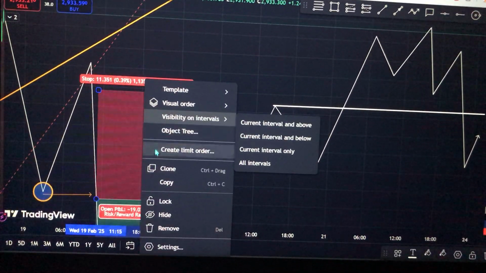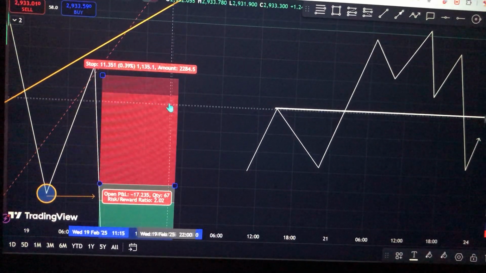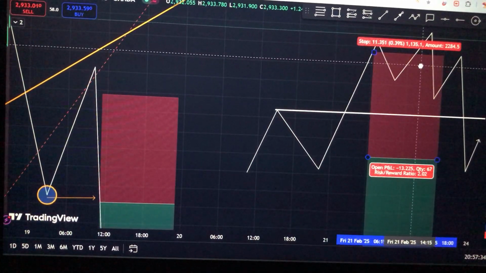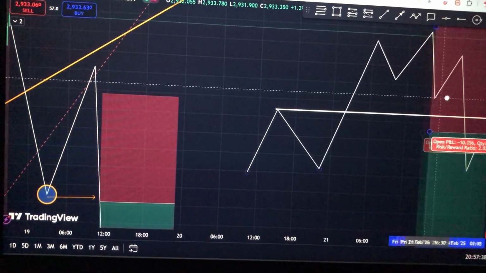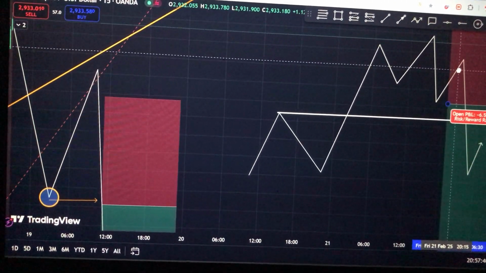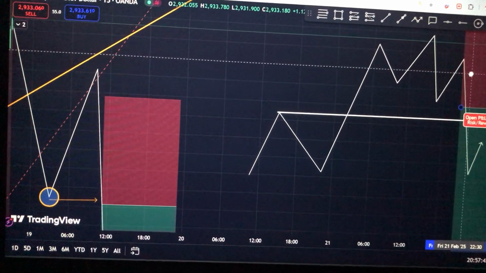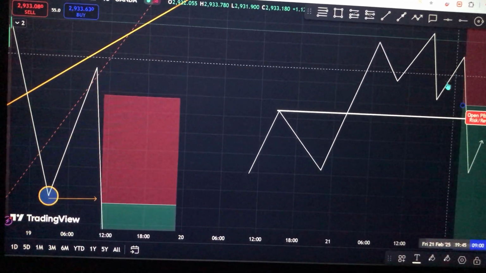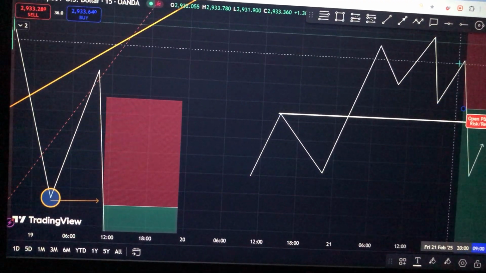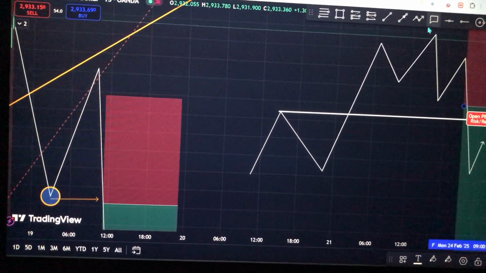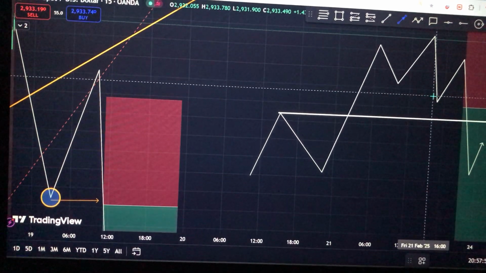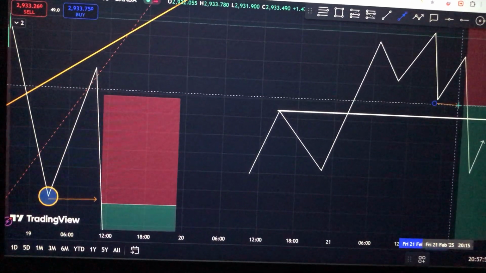And then this point here, the second low, is usually where I place my sell stop, so that price would go to the upside and then come back in a short and trigger me into a trade.